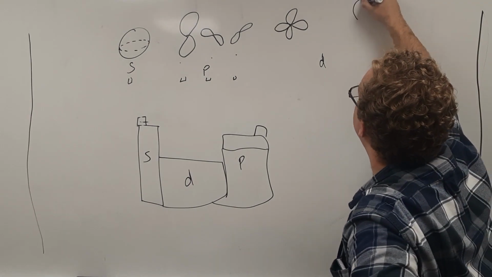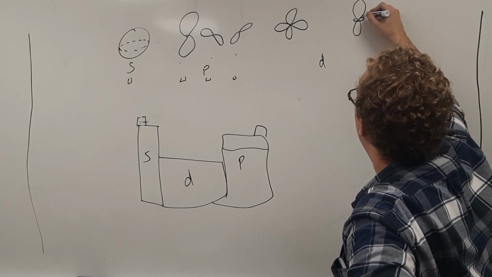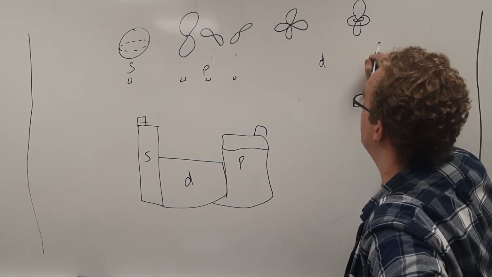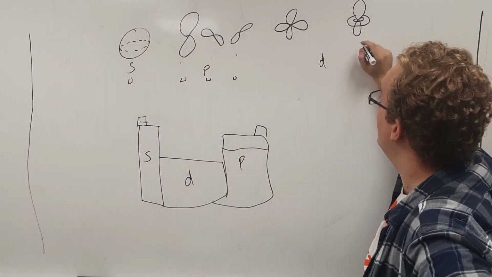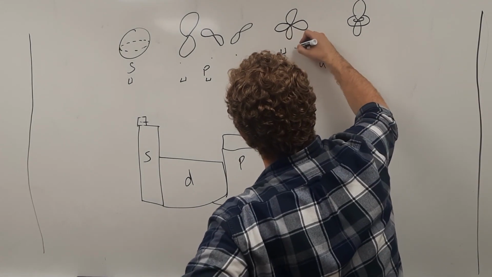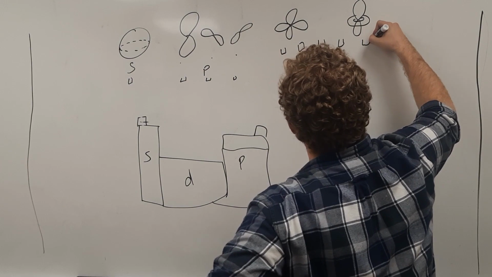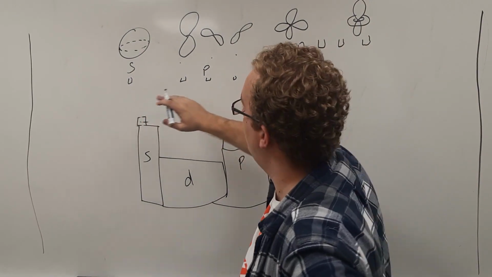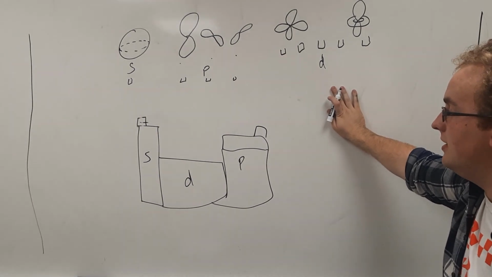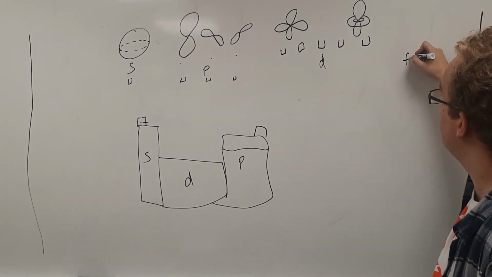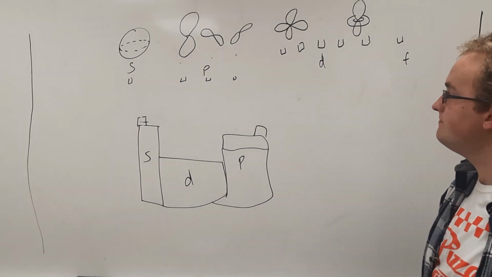And then there's one more which looks like a dumbbell with a donut around it. It's not perfectly drawn, but that's the cooler looking one, I think. There are 5 different orientations of d orbitals. So we have 1 s orbital, 3 p orbitals, and 5 d orbitals. After that we have f orbitals. There are 7 of them, and we don't really worry about them in this class.